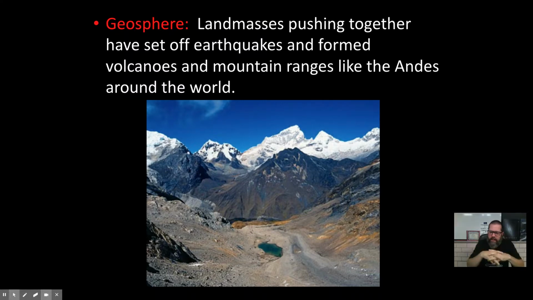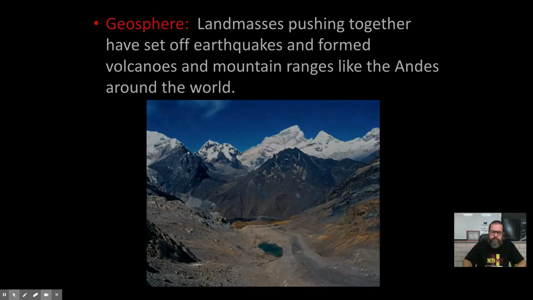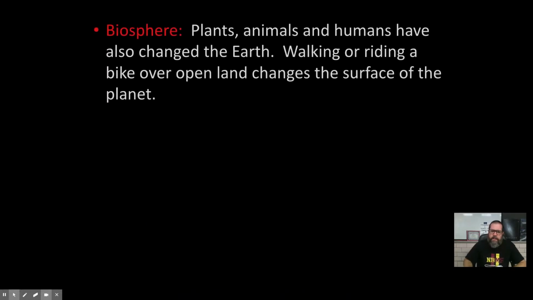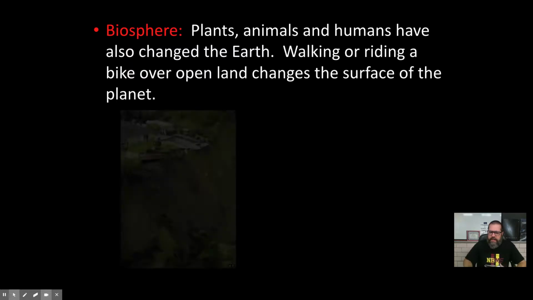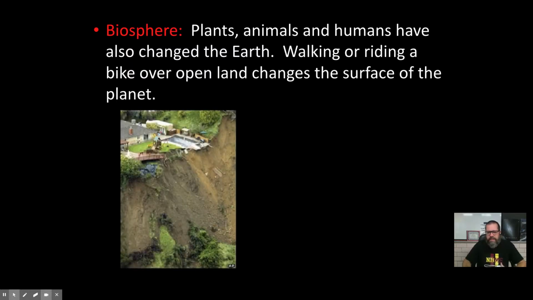We'll talk more about this, but areas like the Andes Mountains around the world are a result of land masses pushing together in these geospheric processes. Now, with the biosphere, plants and animals and humans, we've also changed the earth. Just walking or riding a bike over open land changes the surface of the planet.